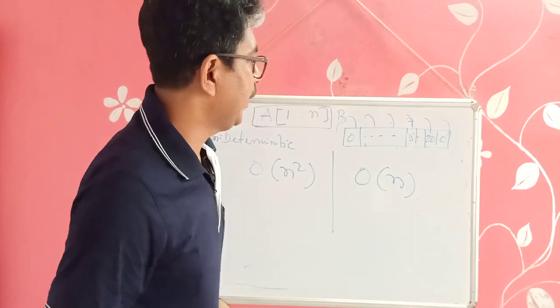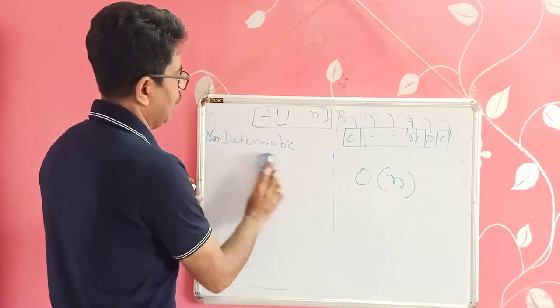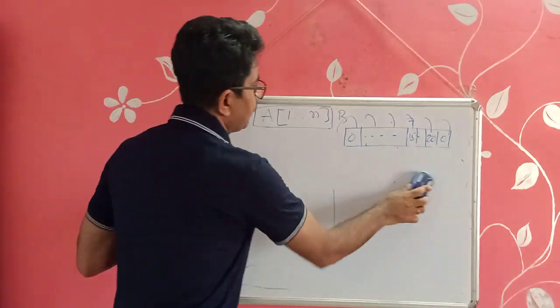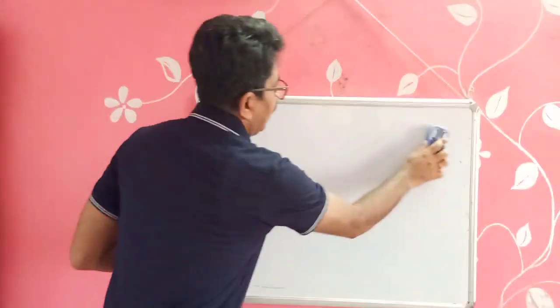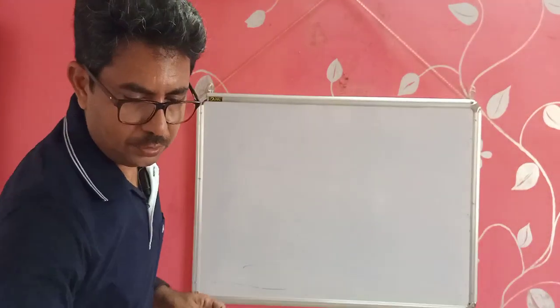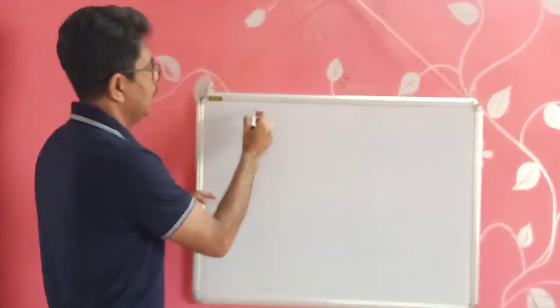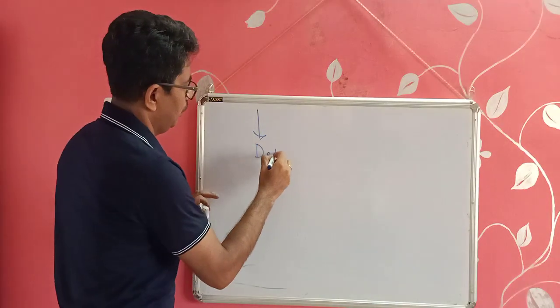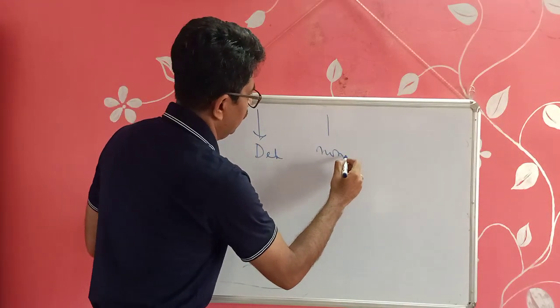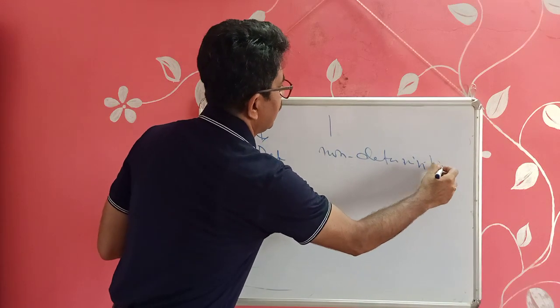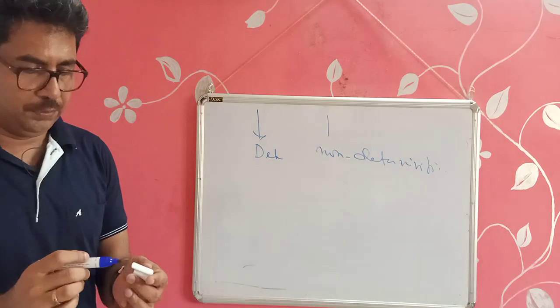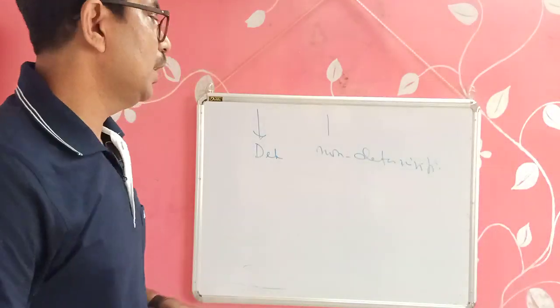So we cannot guarantee a correct output always. So I think we have understood what is deterministic and what is non-deterministic. Now we can ask why the non-deterministic approach is required.